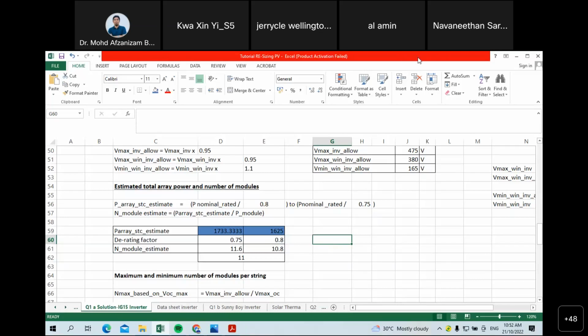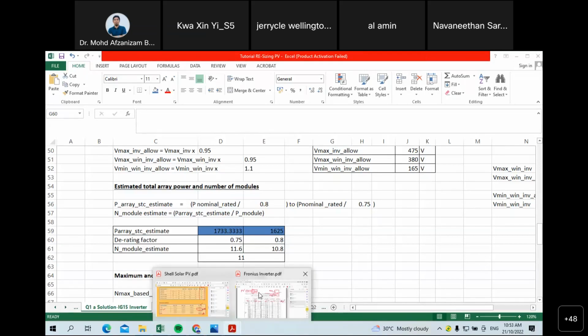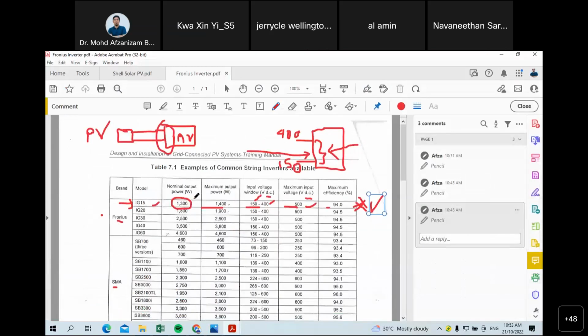Where's the checkbox? So this 173 P nominal rated refers to which datasheet?